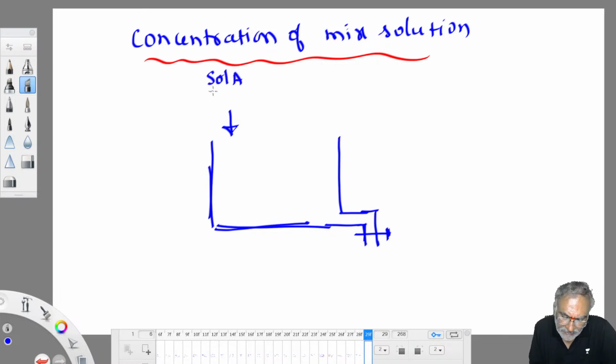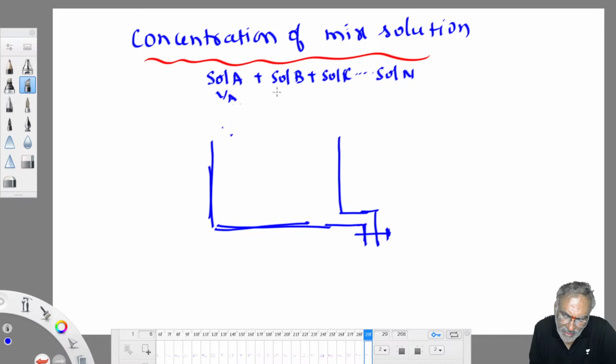Solution A, volume is VA. Solution A, how much volume added? VA volume. Concentration of that is CA, let us assume. Water sample A, water sample B, all of them we are adding here. Solution B, chemical solutions, whatever it may be, solution C, etc. Any number of solutions you can add.